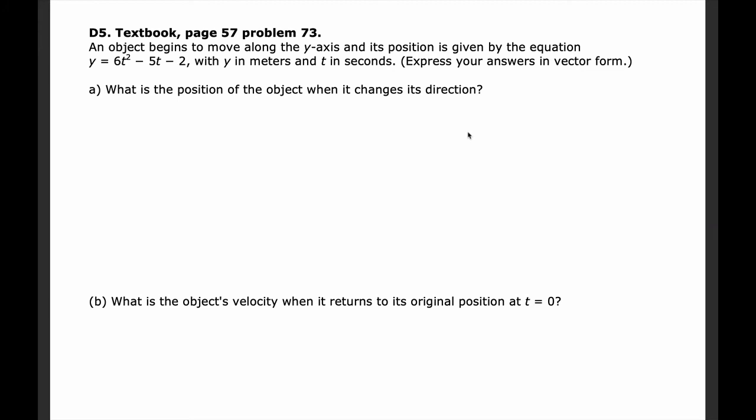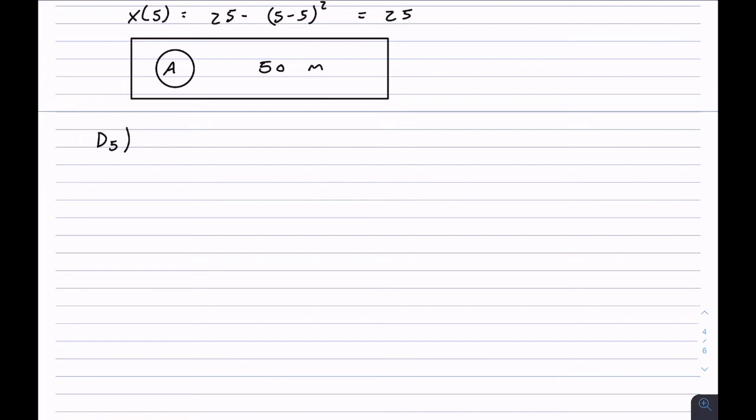Express your answers in vector form. When it changes its direction.